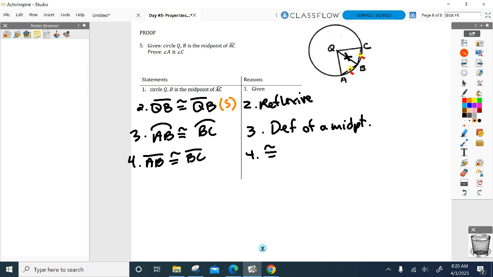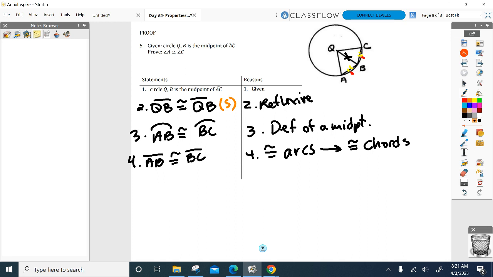What did we already know was congruent? The arcs. So we'll start out with congruent arcs. Imply, remember our arrow, congruent. What did you just tell me were congruent, Rachel? The chords. Correct. Congruent arcs imply congruent chords.